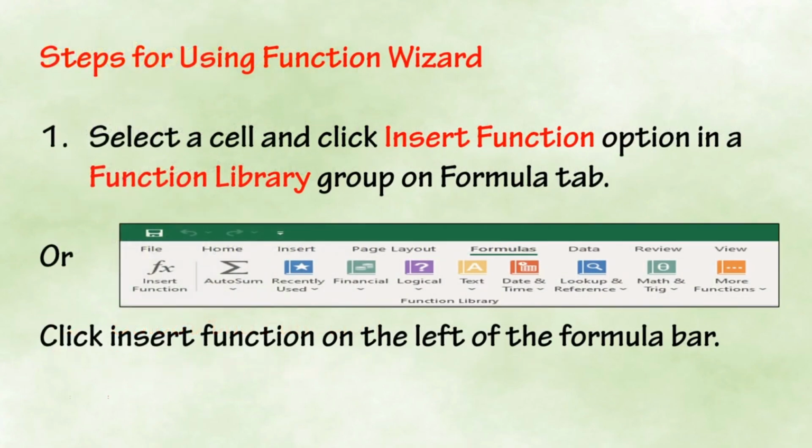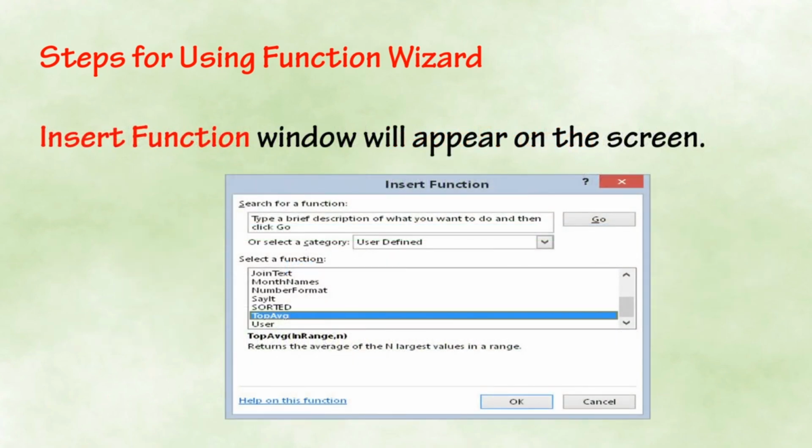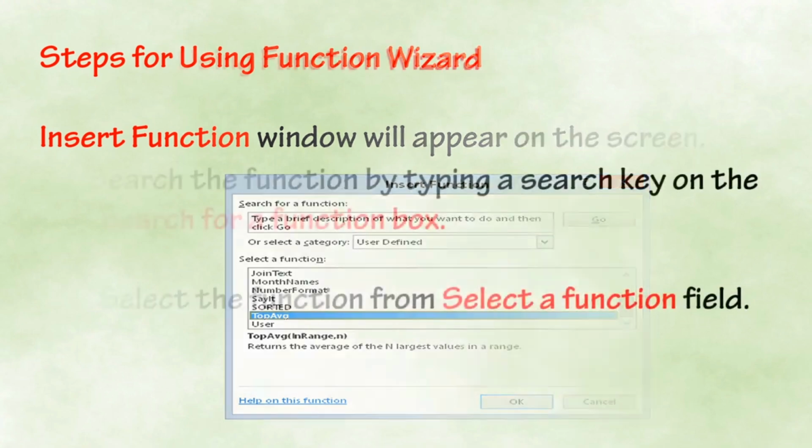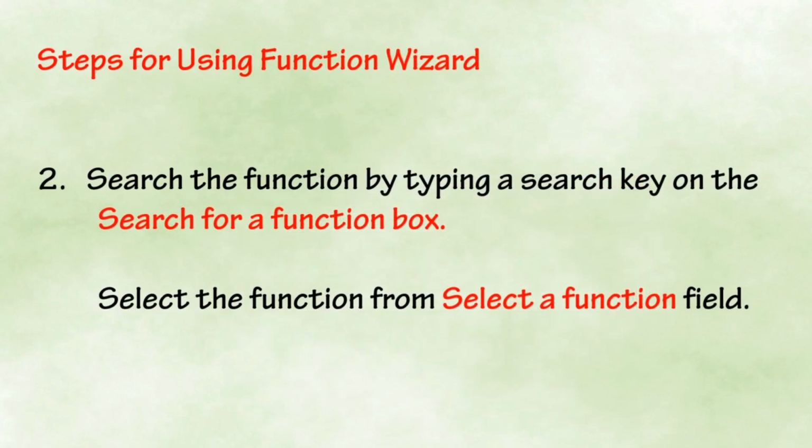Steps for using function wizard. First step, select a cell and click Insert Function option in the function library group on the Formula tab, or click Insert Function on the left of the formula bar. Insert Function window will appear on the screen. Step 2.